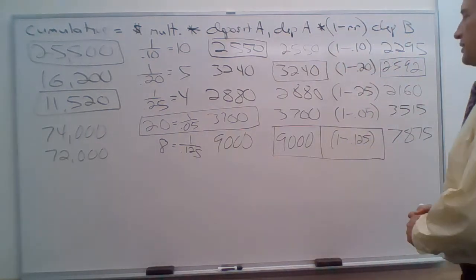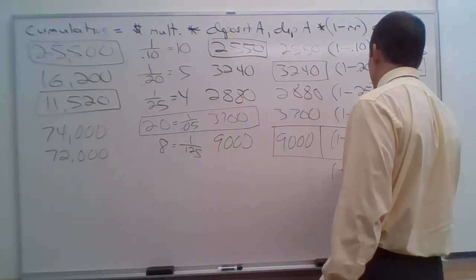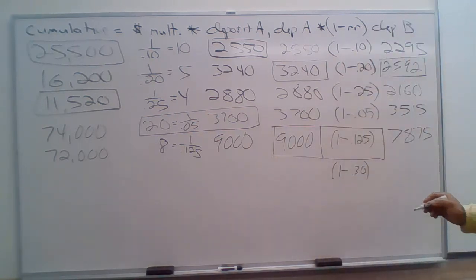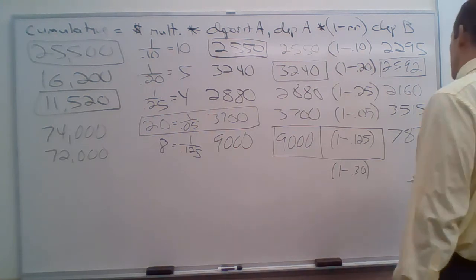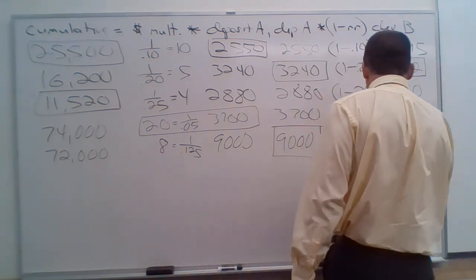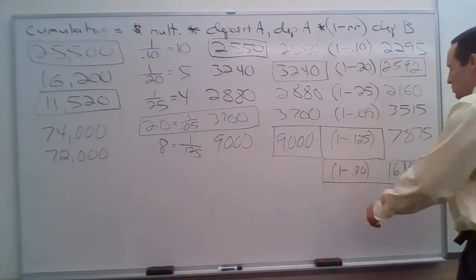Finally, let's say we have 30% held, which gives us 1,680. So what are we doing? This whole expression equals 70%.